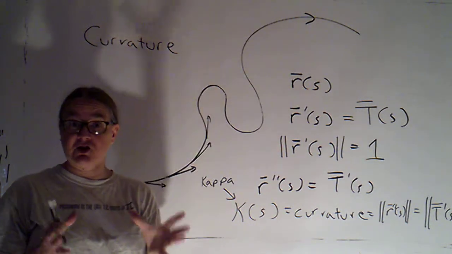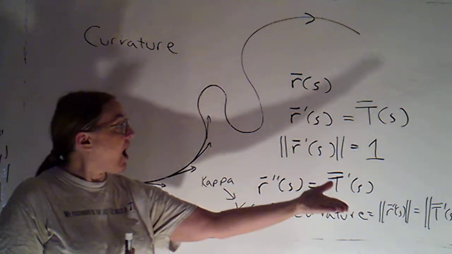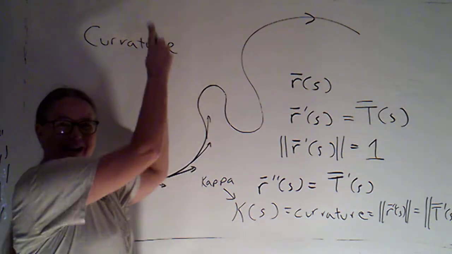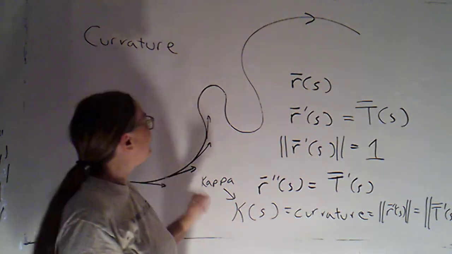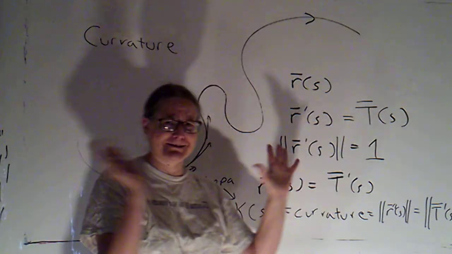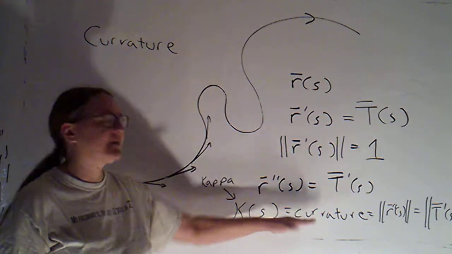So it's still a function. Each t value has a unique r of t value associated with it, but a vertical line is not picking out all points that have a value of t. So now I can almost have like concave left and concave right and stuff like that. So we no longer talk about concavity, but we talk about curvature.